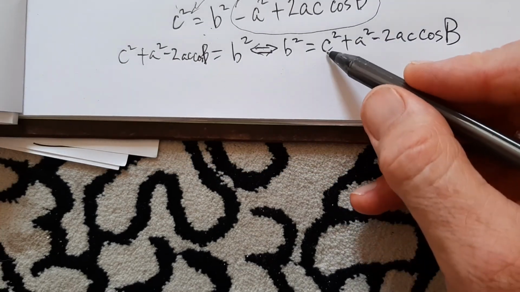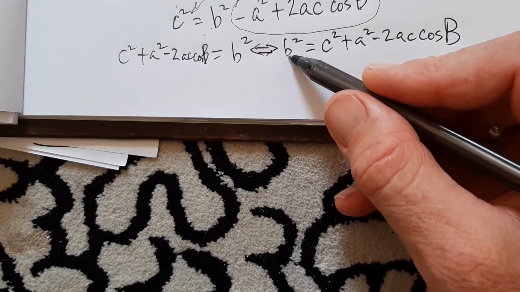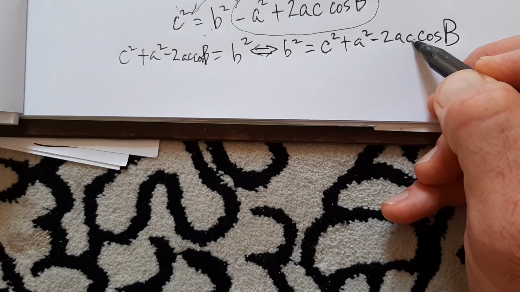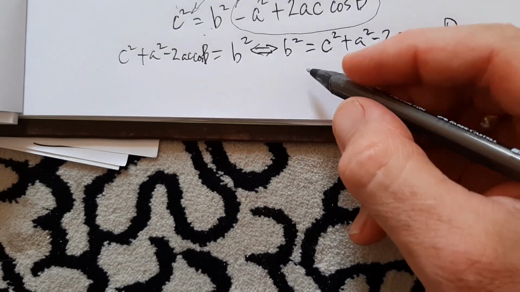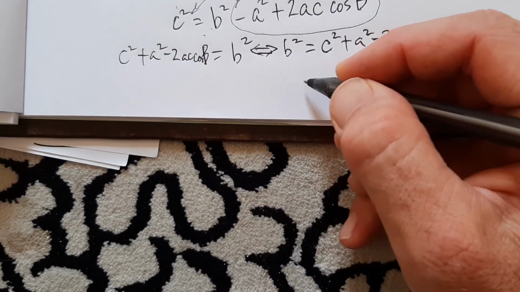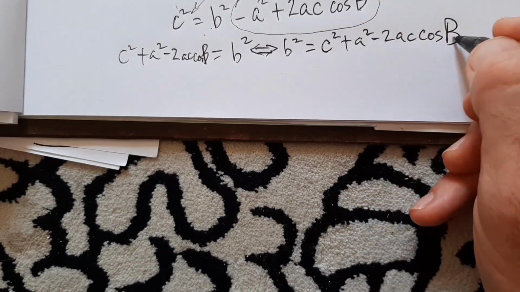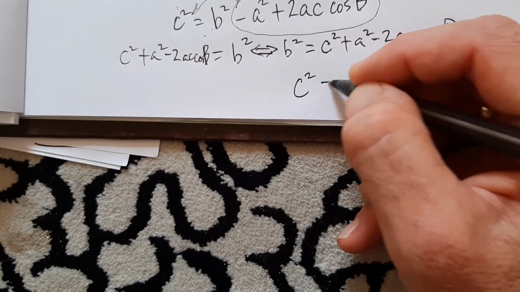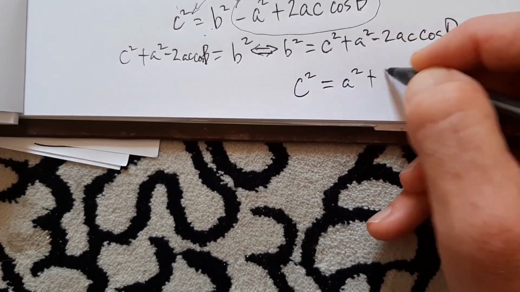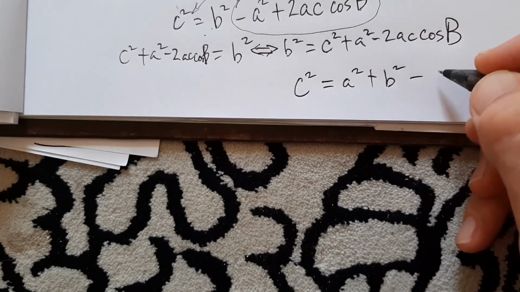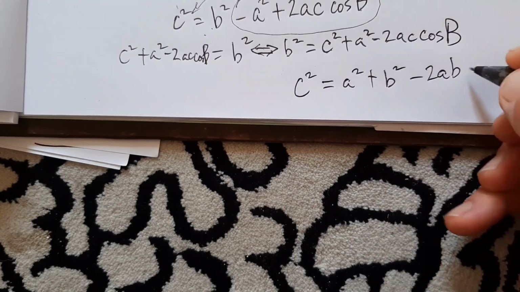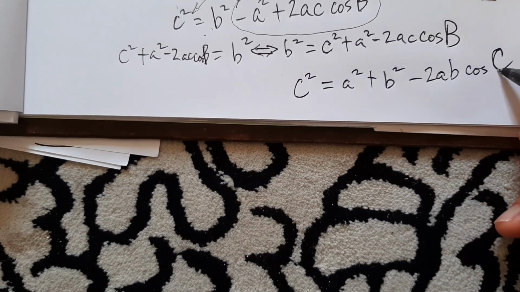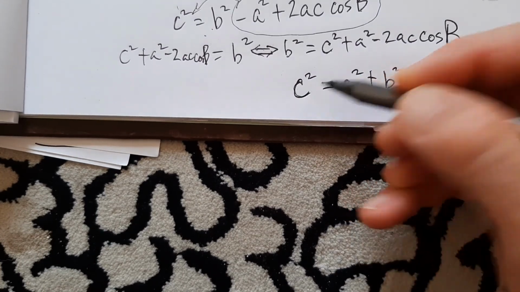So if I change these letters, because it works for any sides and angles, and I'm talking about angle C, it would be c squared equals a squared plus b squared minus 2ab cosine of C, cosine of angle C. So it's not that hard to memorize.